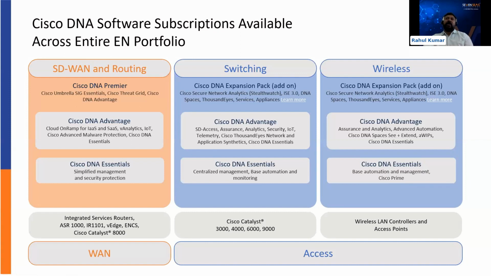And in Cisco DNA Advantage, you will again get the assurance and analytics part along with the Cisco DNA Essential features. In the same way, if you want to add some extra features, then you have to choose a DNA expansion pack, which is an add-on. So that is how licensing works for DNA Center. Now I'll move on to the next slide.